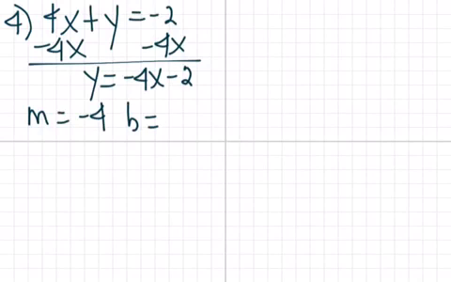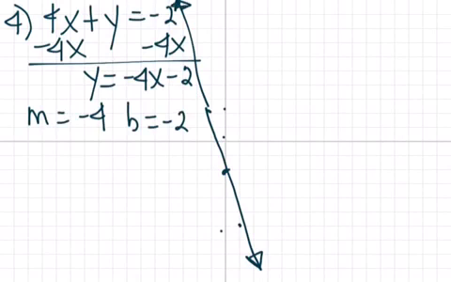The y-intercept is negative 2. We need to always start with the y-intercept. A slope of negative 4 means to go down 4, right 1, or up 4, left 1. So there's the line for that equation.